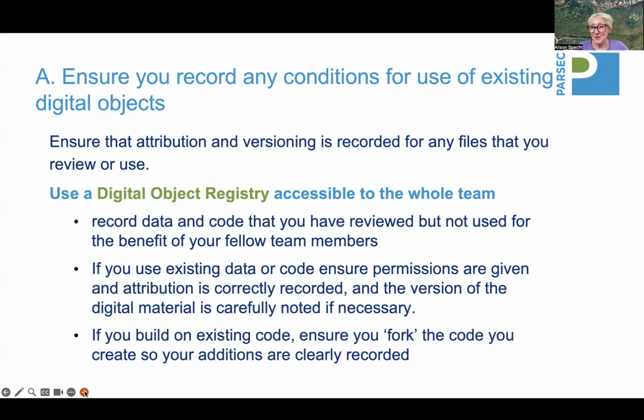You may have to capture the storms as you go live, if you're doing extreme events, similarly with oceans and that sort of thing. But particularly with attributions for moving events, versioning can be very, very important. So ensure that attribution and versioning is recorded for any files that you review or use.